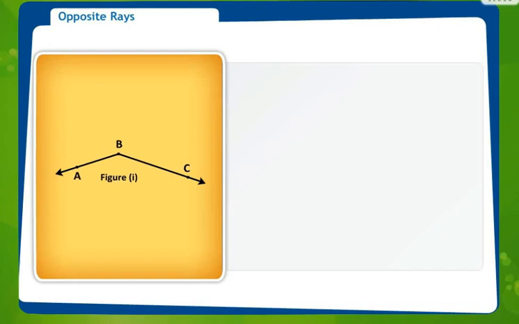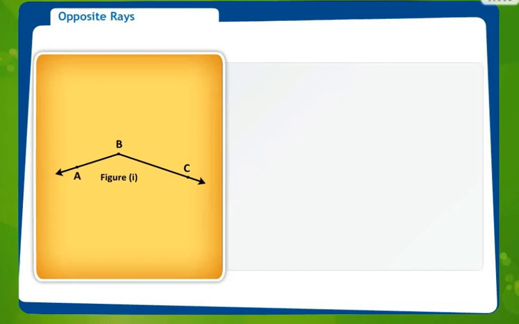Now why do we call them opposite rays? You can see point B. From point B, two rays are emerging. Now when we have to name a ray, we will call it ray BA, not AB, because B is the fixed end point and the extended point is A. So these two rays can be named ray BA and ray BC.